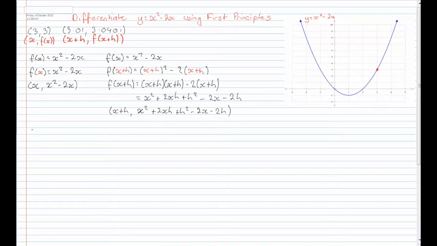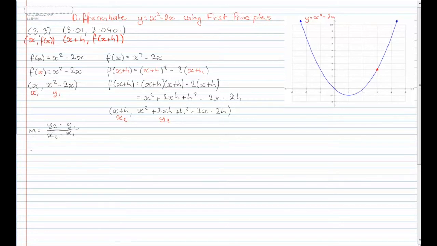So m is equal to y2 minus y1 over x2 minus x1. Okay, so let's label our coordinates x1, y1 and x2, y2. And what we're actually finding here is a function for the gradient.